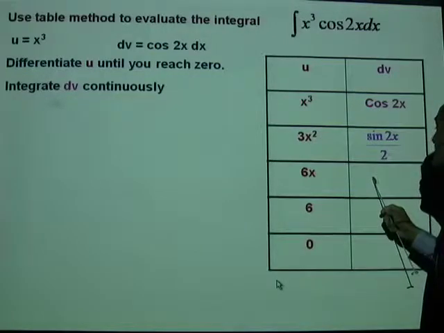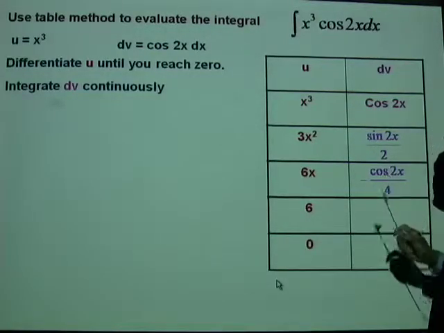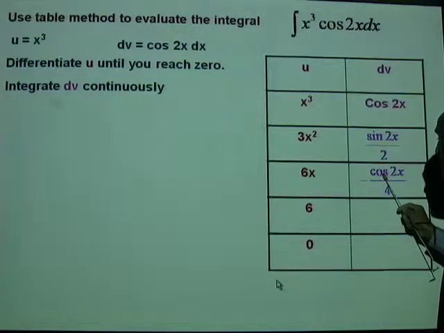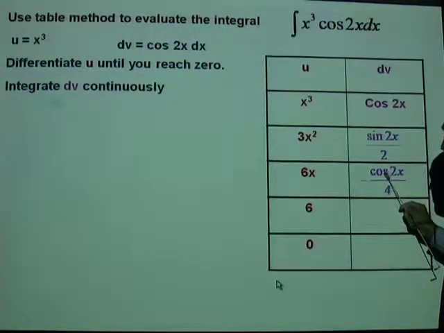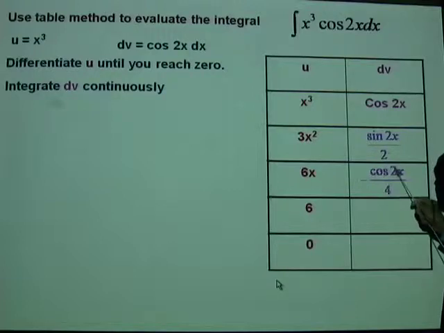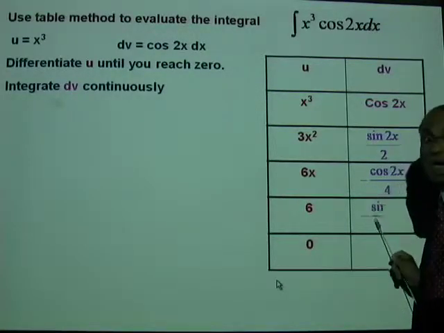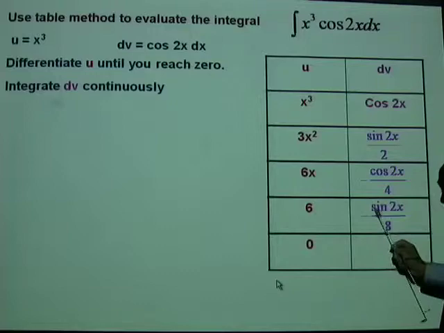So that will be negative cos 2x over 4. And what do you get if you integrate this? Integral of negative cos 2x over 4 dx will be negative sine 2x divided by 8. There you go.